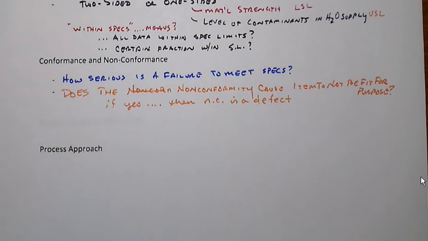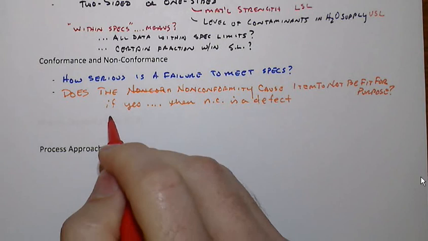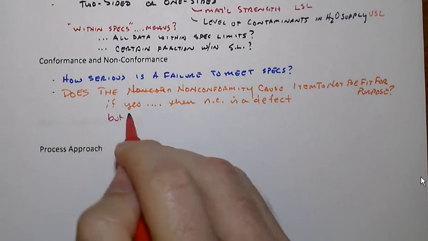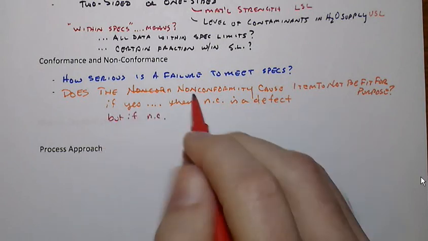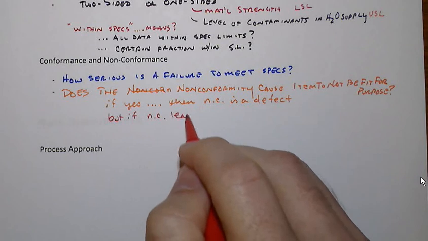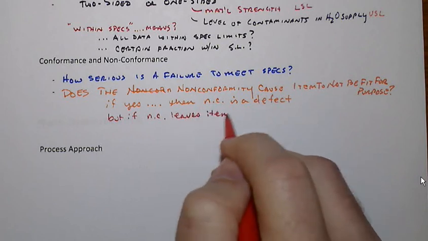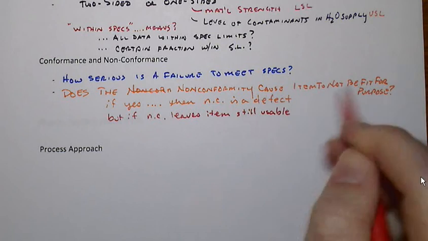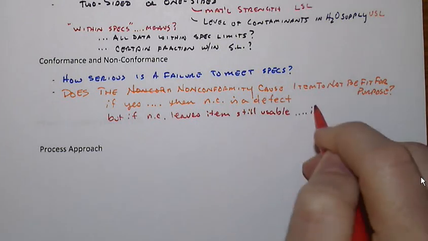On the other hand, if it's something like a shirt, then it may still be usable, right? So, if the nonconformity leaves the item still usable, then the item could be sold as a second.